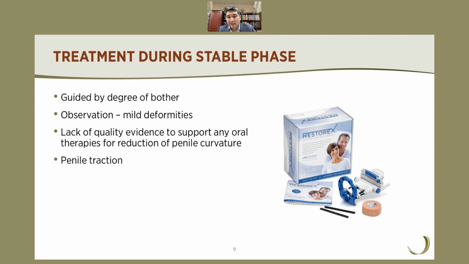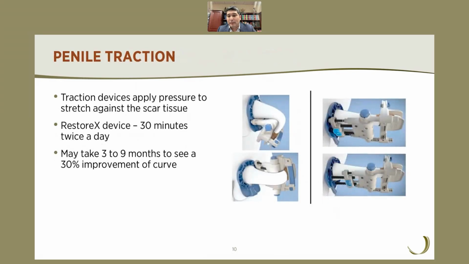Penile traction, just like in the active phase, can be quite useful during the stable phase. Penile traction, as you can see in these devices, relies on applying pressure to stretch against that scar tissue. Patients generally wear that device, the RestoreX device shown here, for about 30 minutes twice a day.